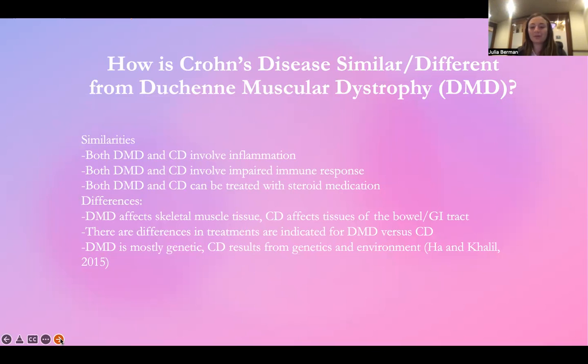Both DMD and Crohn's involve inflammation and an impaired immune response, which leads to increased inflammation. So you see similar treatment mechanisms like steroids and anti-inflammatory drugs to help with the pain and symptoms caused by inflammation in both. For instance, steroids like prednisone really can help the symptoms of DMD and Crohn's.